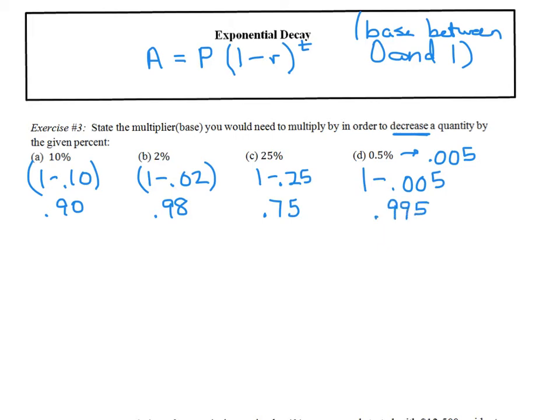And while that's kind of close to 1, it's still below 1, so all of these have shown exponential decay. This was just practice in writing the base, the part of my equation that goes inside the parentheses when I'm doing a subtraction.